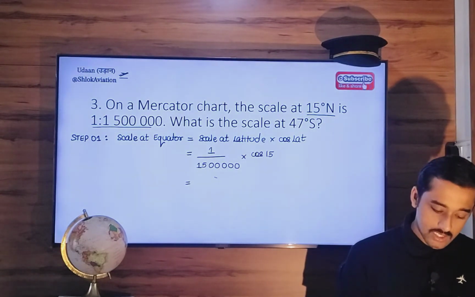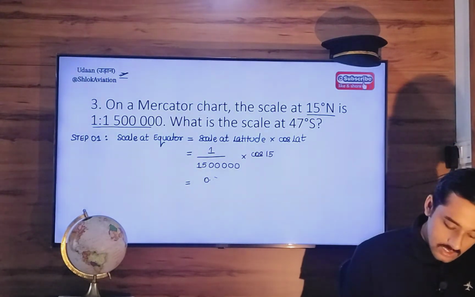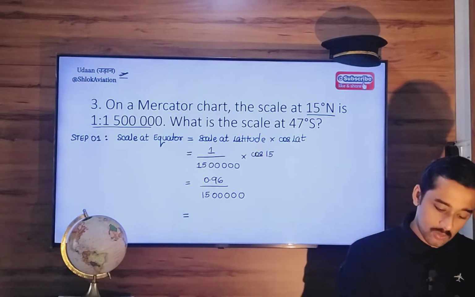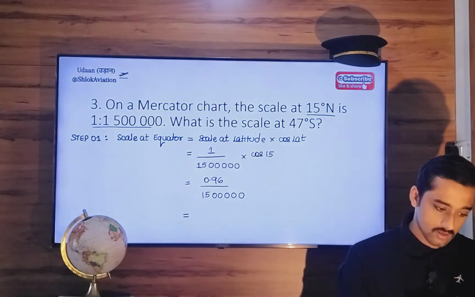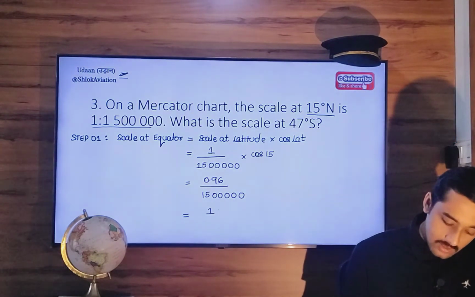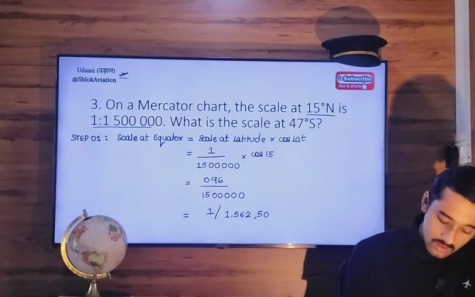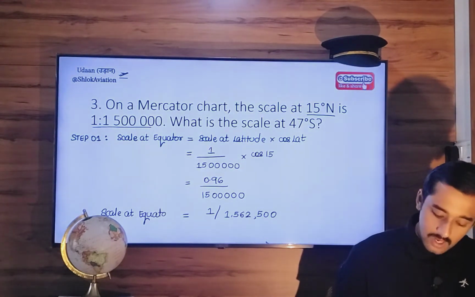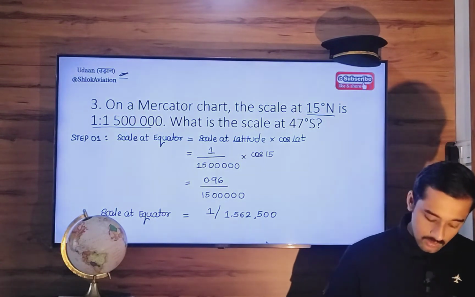Now cos 15 is 0.96 divided by 151212. Dividing numerator and denominator by 0.96, we get 1 divided by 1562,500. So scale at equator is 1 divided by 1562,500.